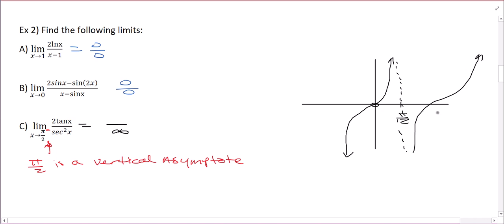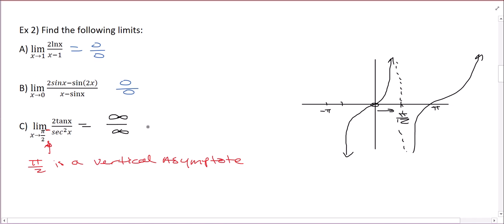This is 0, this is pi, and you have negative pi over here. Not to scale there. So now that we're looking at this, it says x goes to pi over 2 from the left. If you're approaching from the left of pi over 2, you are smaller than pi over 2, so you're going this way, so the graph is going towards infinity. So you have infinity over infinity.